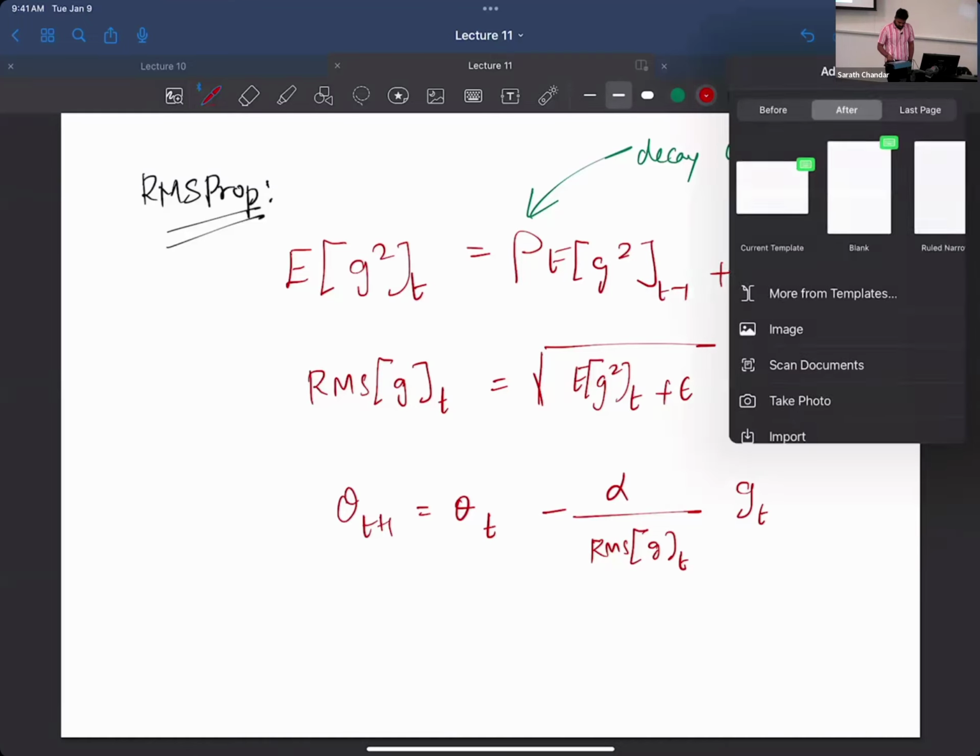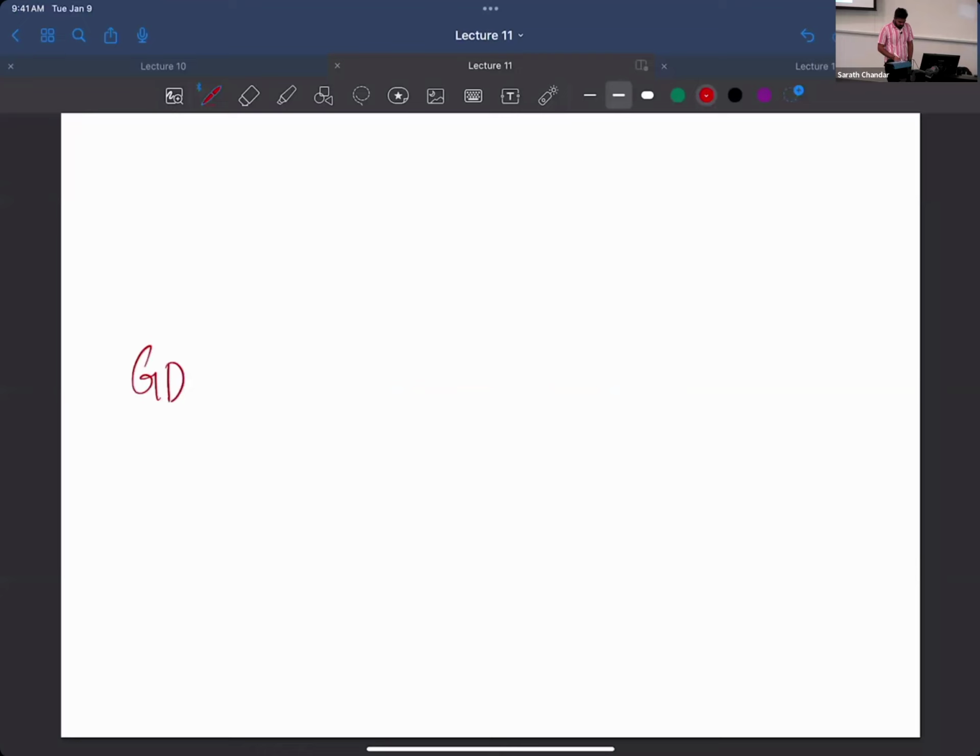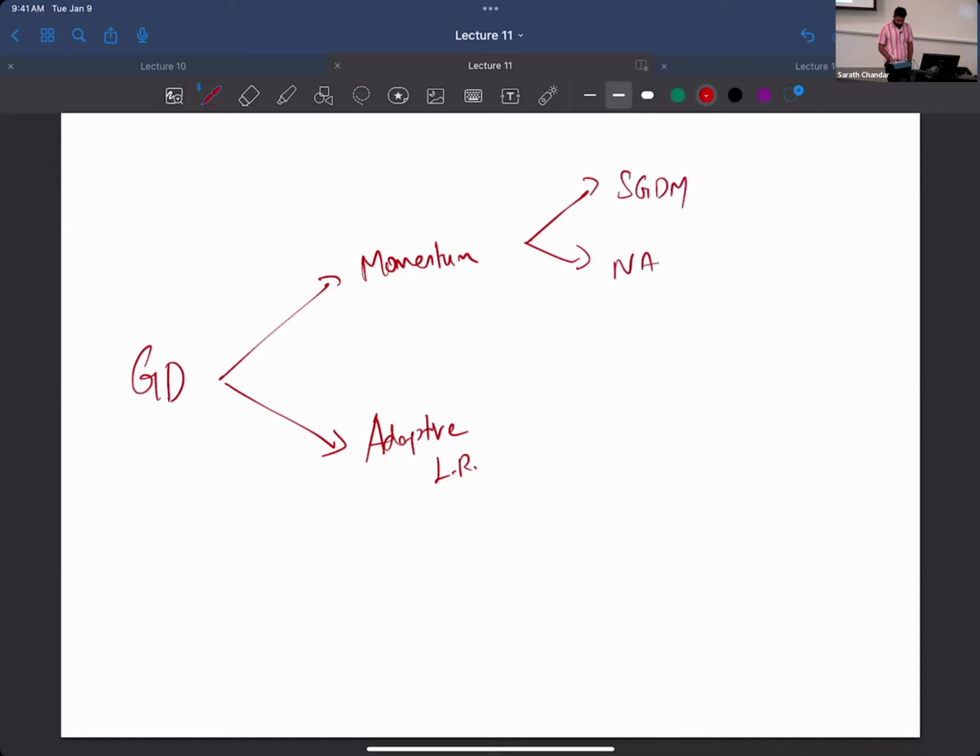Now, as a summary, we have gradient descent, and there are two ways to improve gradient descent. You can either do momentum-based methods or adaptive learning rate methods. With momentum-based methods, you could either do SGDM or NAG. With adaptive learning rate, you can do AdaGrad or RMSProp.